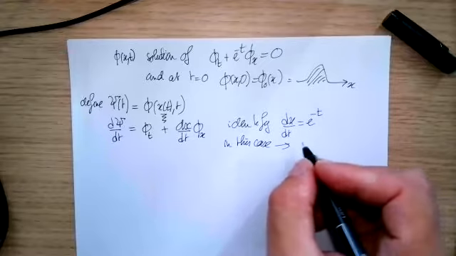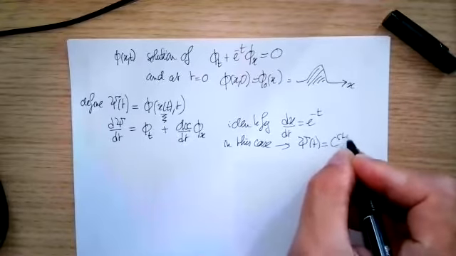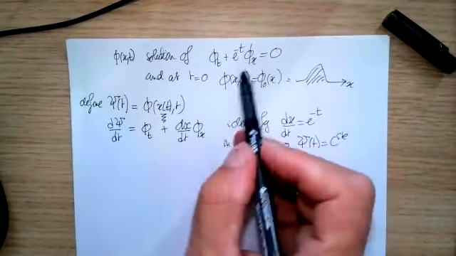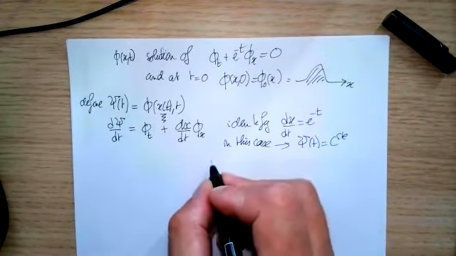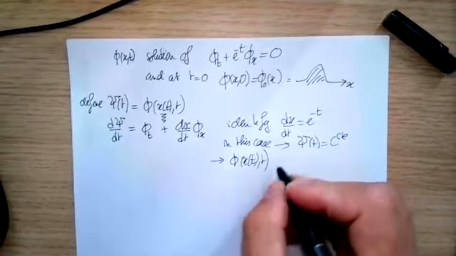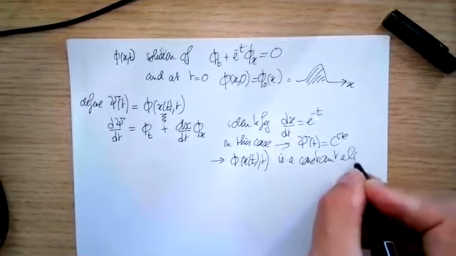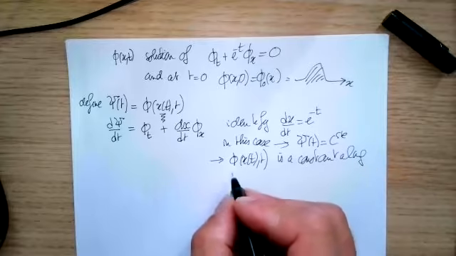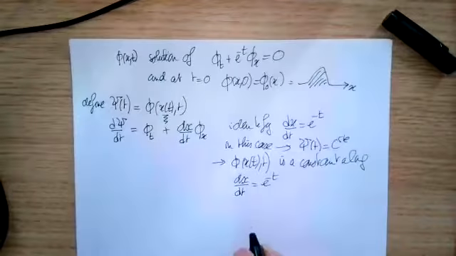In this case, well, of course, phi of t is a constant, because comparing this expression with this one, it's clear that d psi/dt equals 0. So it means that psi of x(t) and t is a constant along the characteristics, which is the curve obeying dx/dt equals exponential minus t.